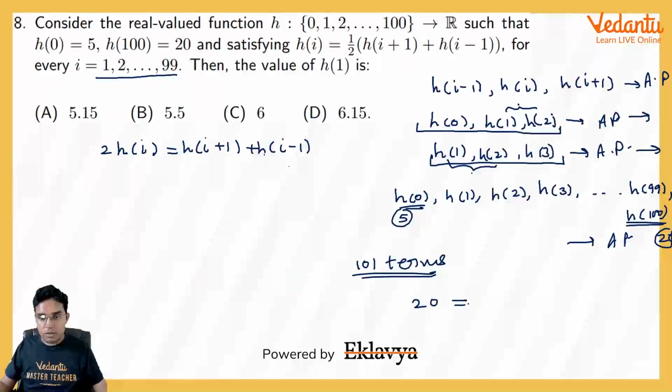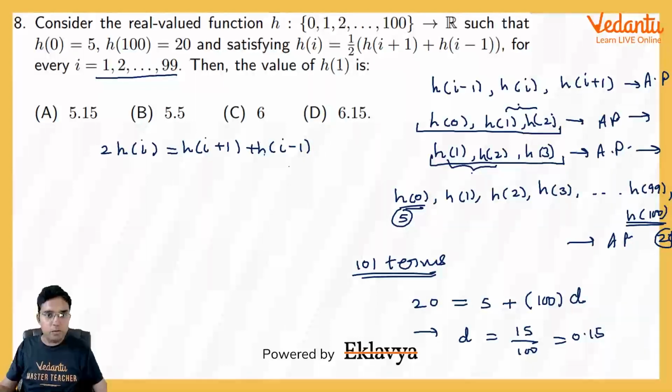So I can use this: 101st term 20 equals a, that is 5, plus n minus 1 into d, and this will give us d to be equal to 15 upon 100, that is 0.15. And we are supposed to find h1. h1 is just the second term of this AP, so h1 is actually equal to 5 plus d, that is 5.15. So the answer will be A.